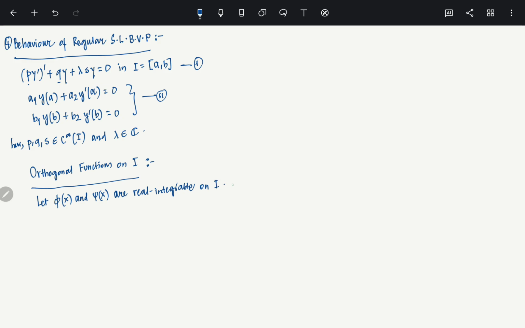We say that these two functions, phi and psi, are orthogonal to each other on I, with respect to, and these are the notations I am going to use throughout the course, WRT, with respect to another function rho of x.